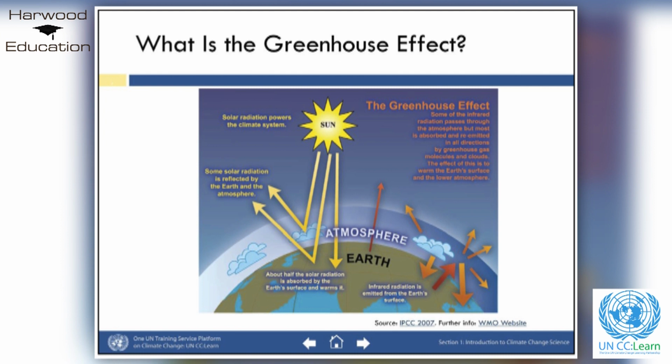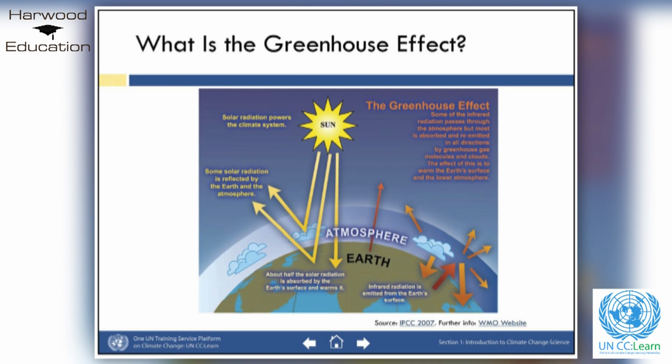Further information. The two most abundant gases in the atmosphere, nitrogen, comprising 78% of the dry atmosphere, and oxygen, comprising 21%, exert almost no greenhouse effect. Instead, the greenhouse effect comes from molecules that are far more complex and much less common.